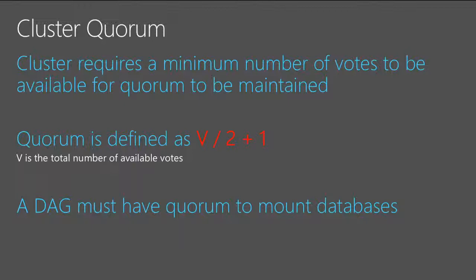Right? So a 6-node cluster, for example, file share witness has how many votes? 7, right? A 5-node cluster has how many votes? 5, right? So that's where we get the V from, making sure that we include the file share witness if we're actually in an even number of nodes.